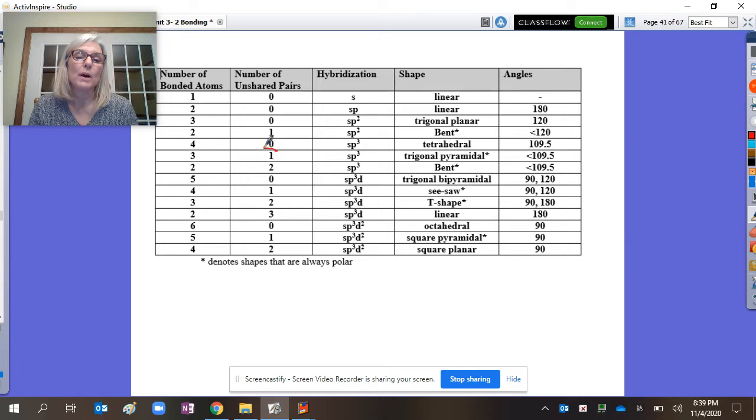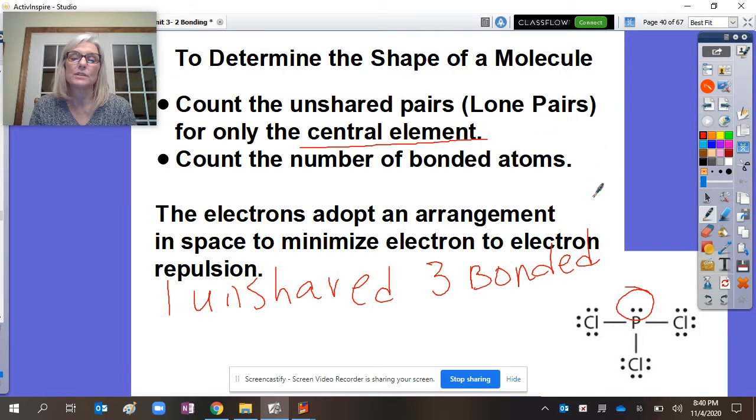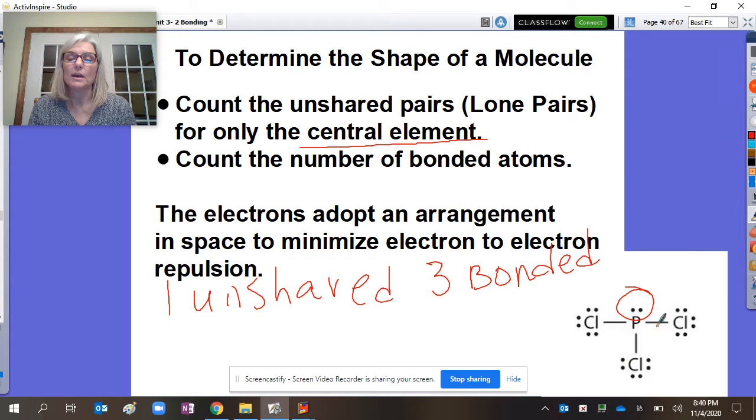Here's my 1 unshared pair, what we counted in the center, and this is the 3 bonded atoms. See the number of bonded atoms. So this is a trigonal pyramidal. As you can see, this would be a trigonal pyramid. So that's how you would figure out the shapes.